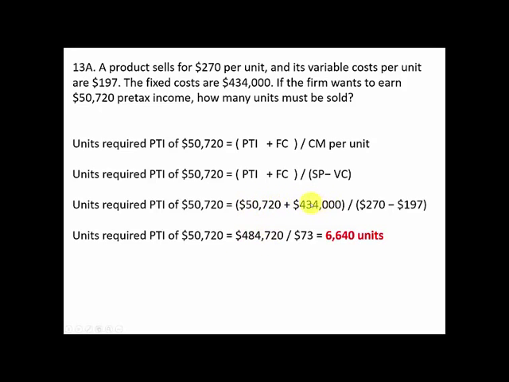That's the total cost that you have to recover. Your contribution margin per unit, which is the selling price of $270 minus the variable cost of $197, is equal to $73. Divide the 73 into the $484,720, and that means you have to sell 6,640 units to achieve a pre-tax income of $50,720.